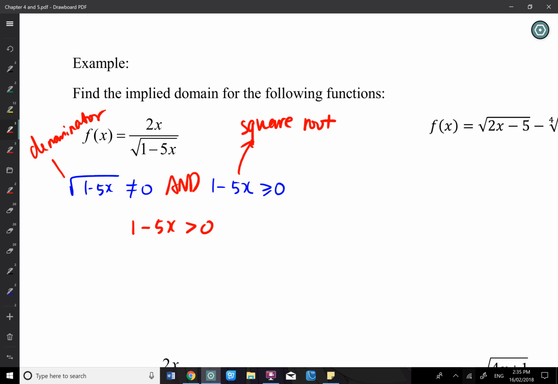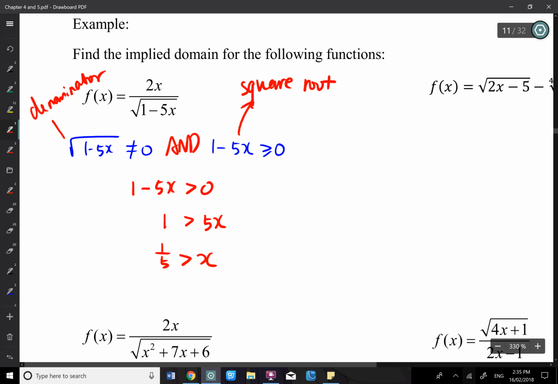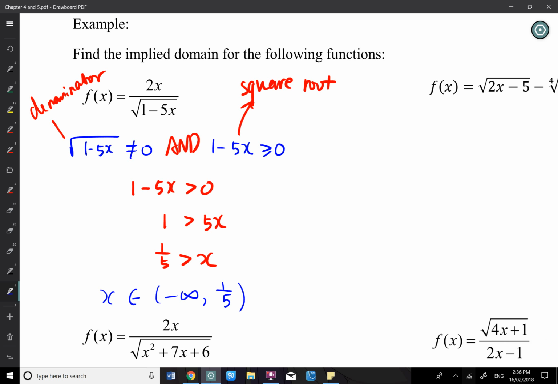So 1 is larger than 5x, 1 on 5 is larger than x. We write in interval notation, x belongs to negative infinity to 1 on 5, exclusive.